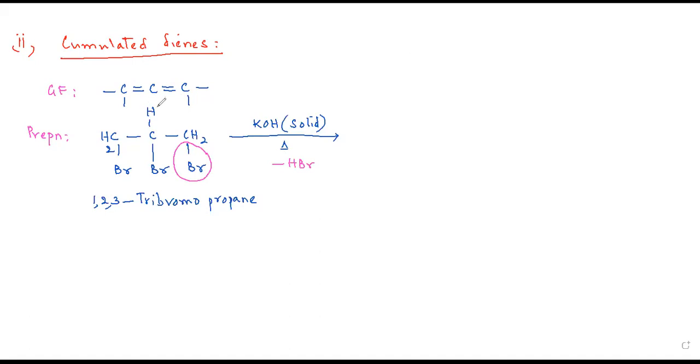Now in this case, when we remove this, this will come here. So that is how we get CH2Br, then C, Br, and a double bond. A simple dehydrohalogenation. Removal of hydrogen and halogen atoms.